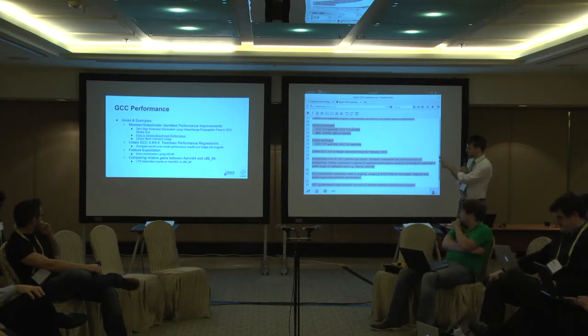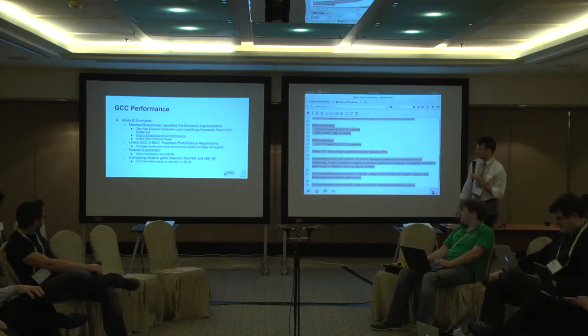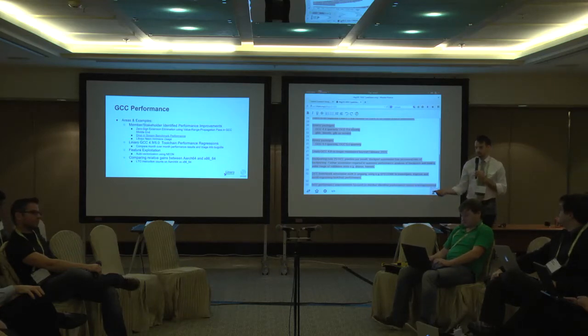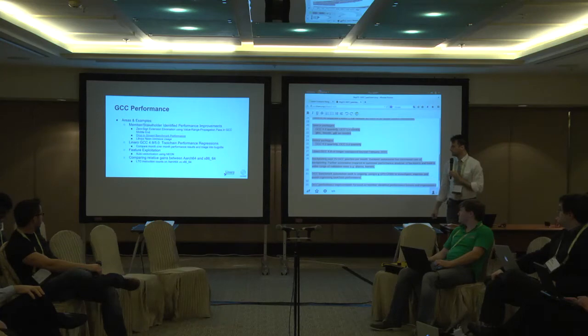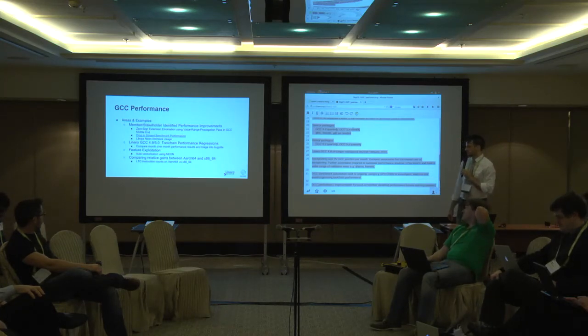We work on fixes around those areas. We also look at the performance of our toolchain, feature exploitation that's not covered by our business partners. So we're going to start looking at auto vectorization using Neon in the near future. And then one of our long-term missions is comparing relative gains between AArch64 and x86-64.